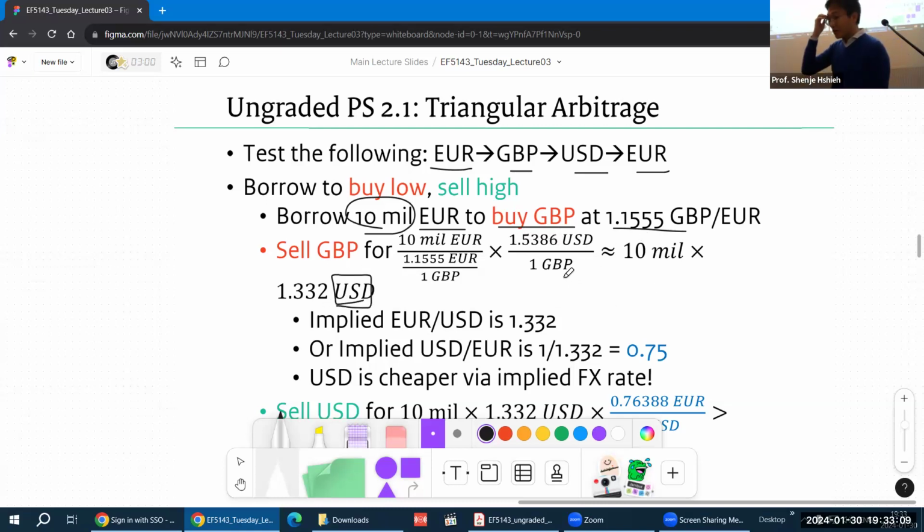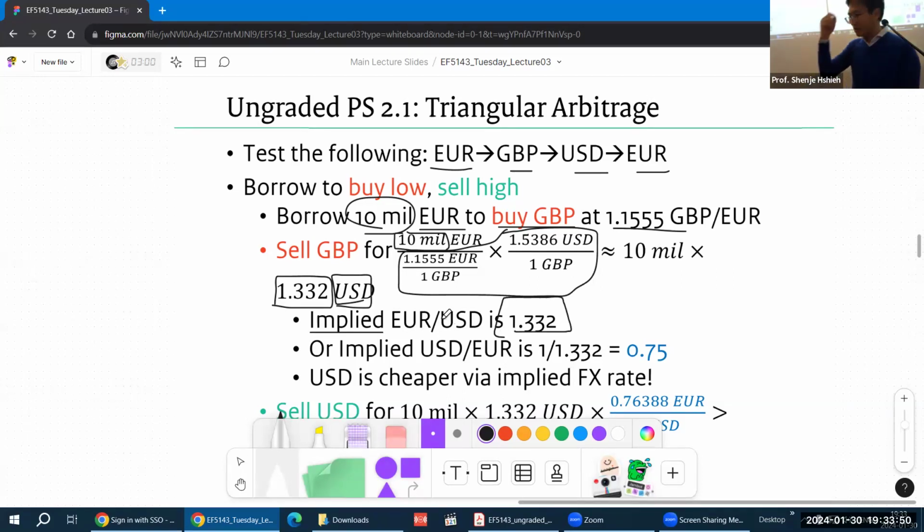I wrote it this way because I wanted to factor out the 10 million and then construct the implied exchange rate from these two quotes, just to highlight what the implied quote looks like compared with a direct quote. So if you calculate this ratio, 1.5386 divided by 1.1555, you will get 1.332.